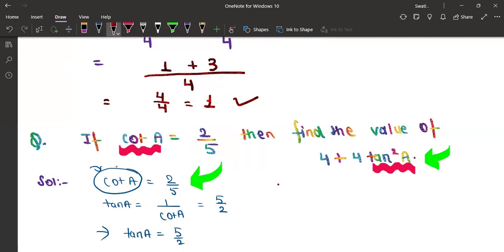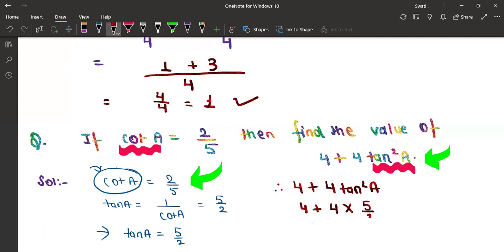Now, what do we have to find? We have to find, therefore, 4 plus 4 tan square A, will be very simple. Tell me, what should I do? 4 plus, just put the value because we have to just find out the value of this. So 4 plus 4 into, what is the value of tan A that we have got? 5 upon 2.